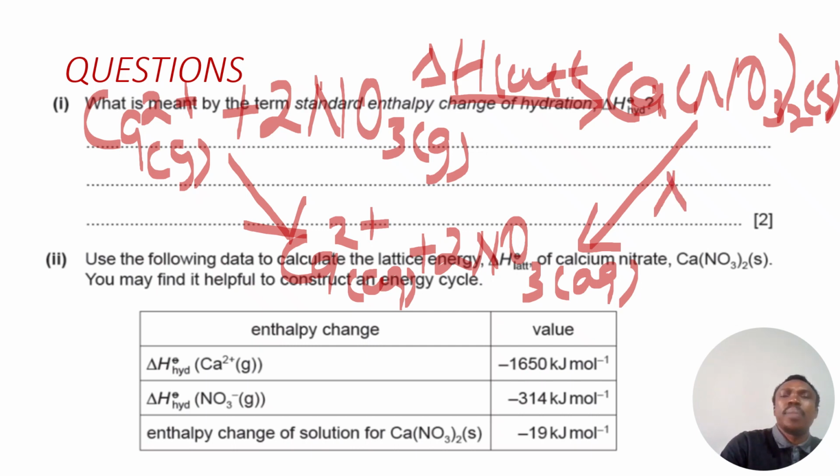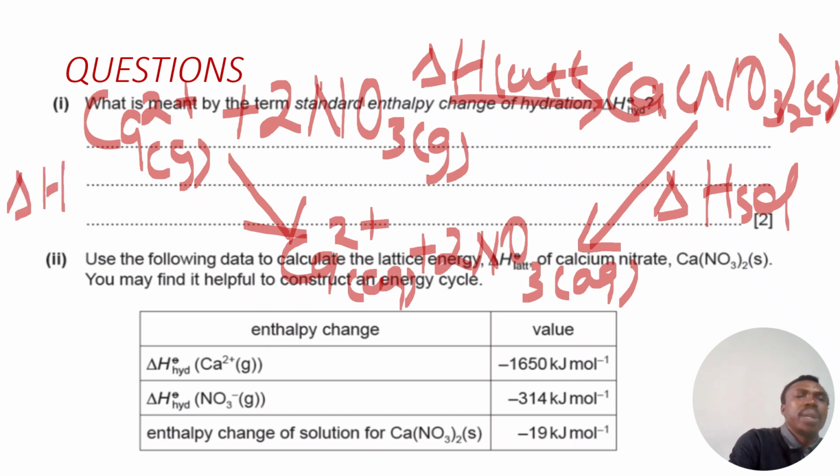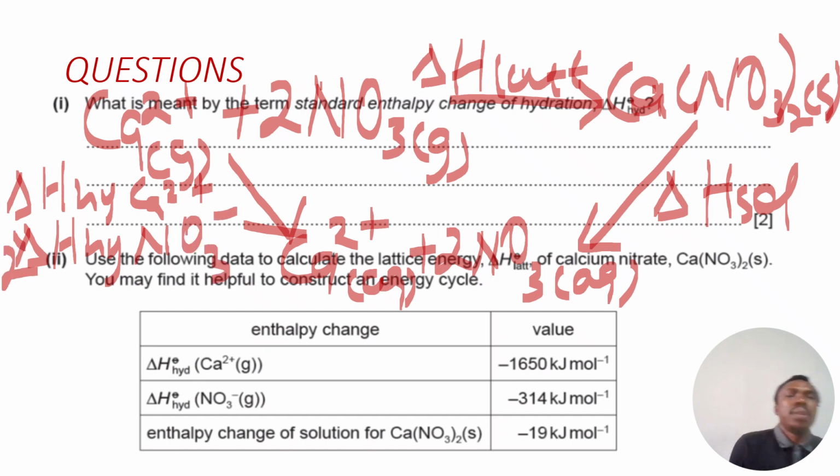Then this is the enthalpy change of solution. This is the enthalpy change of hydration of calcium ion. This is the enthalpy change of hydration of nitrate ion, so you multiply it by 2. This is the enthalpy cycle. This is the energy cycle. So from here, you can calculate the lattice energy.